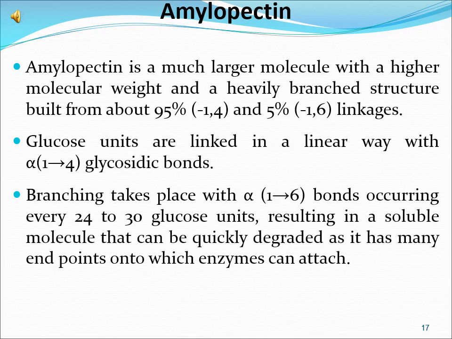Glucose units are linked in a linear way with alpha 1,4 glycosidic bonds, with the branching taking place with alpha 1,6 bonds occurring every 24 to 30 glucose units, resulting in a soluble molecule that can be quickly degraded as it has many endpoints onto which enzymes can attach.